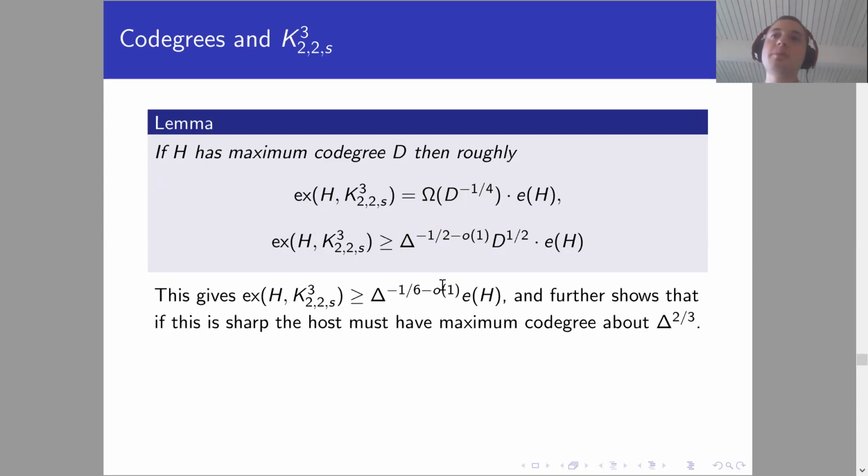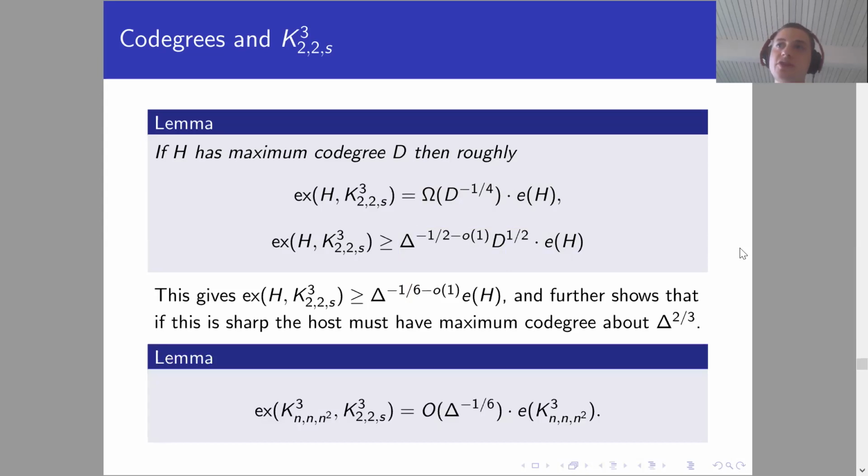Again, if you're smaller than delta to the 2/3, you'll use this bound, and if you're larger, you'll use this bound. This proof actually gives a little more information. It shows that if you thought this bound was tight, which it turns out to be, then the construction that you need to consider must have maximum codegree about delta to the 2/3. If it had smaller codegree, this first bound here would give a stronger bound than delta to the minus 1/6. And if it had a larger codegree, then this bound would give a stronger improvement.